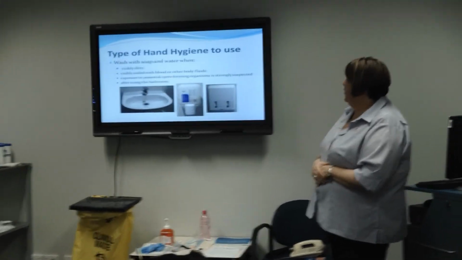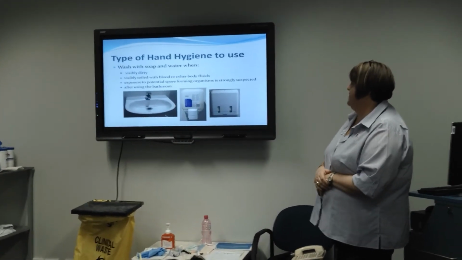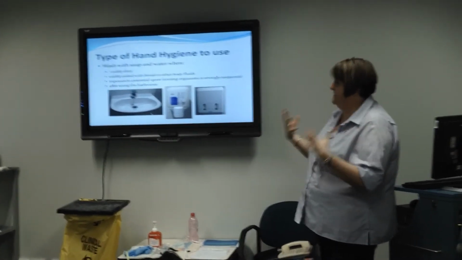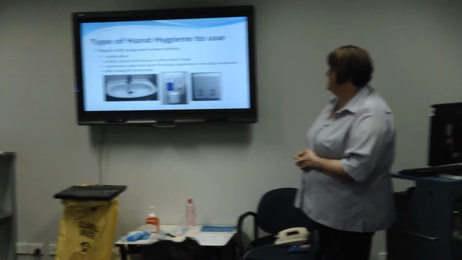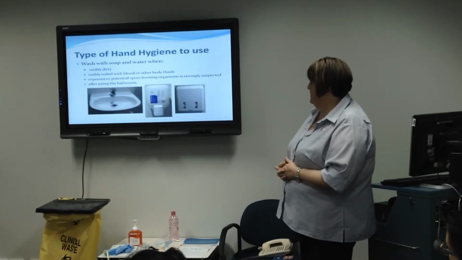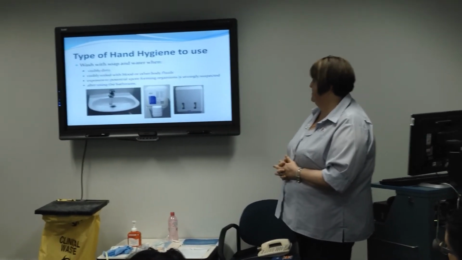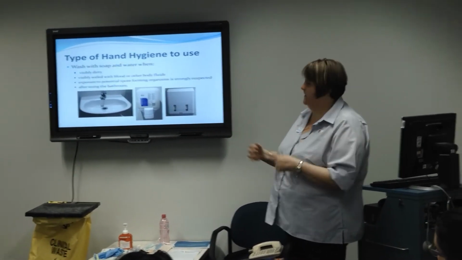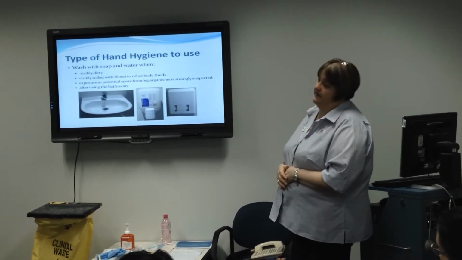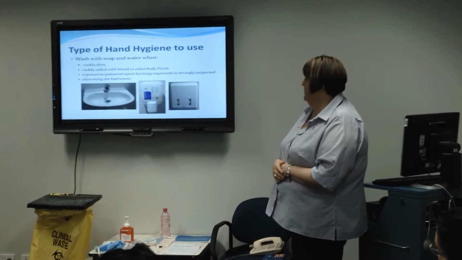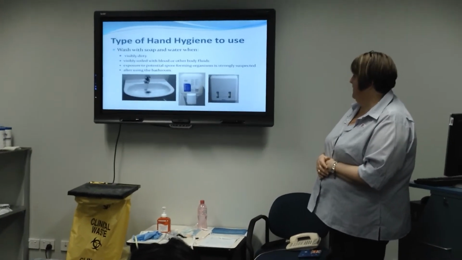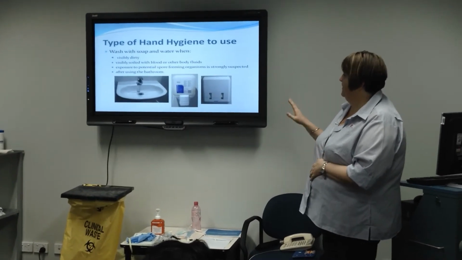So basically you wash with soap and water when your hands are visibly dirty, they're visibly soiled with either blood or body fluids. You've had an exposure to a potential organism that is strongly suspected that you could get a disease from, and then basically after using the bathroom, that's pretty standard. So all of the bathrooms within the hospital basically look like that.